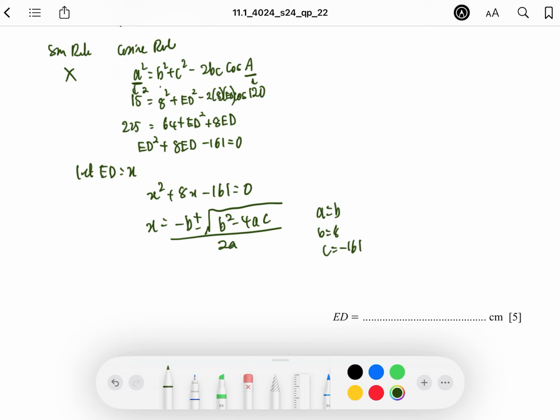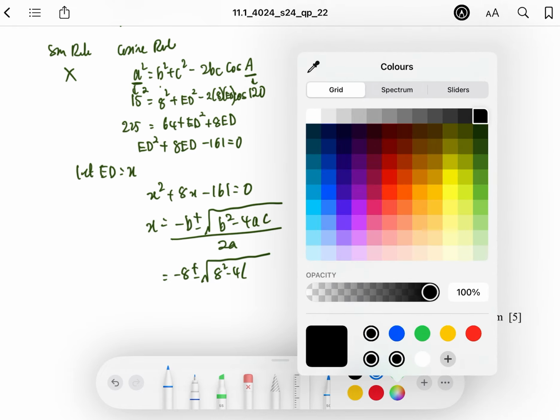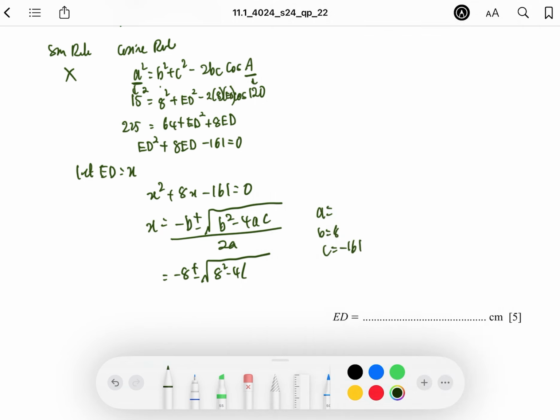Again, be careful with the negative sign. Do not ignore any negative at all. Substitute it. Oh, sorry, A is supposed to be 1.